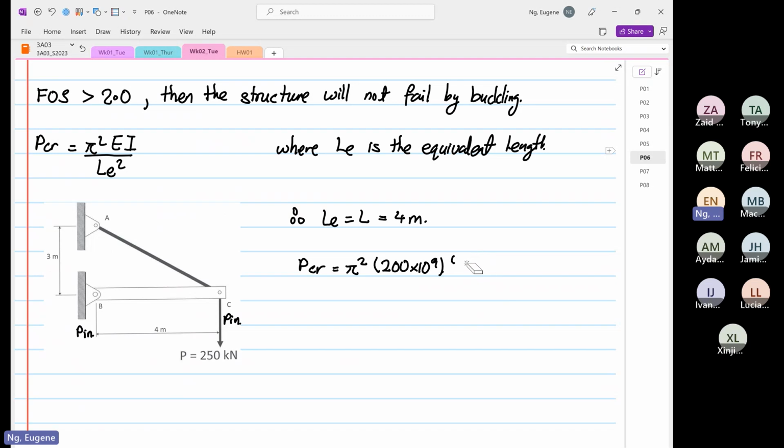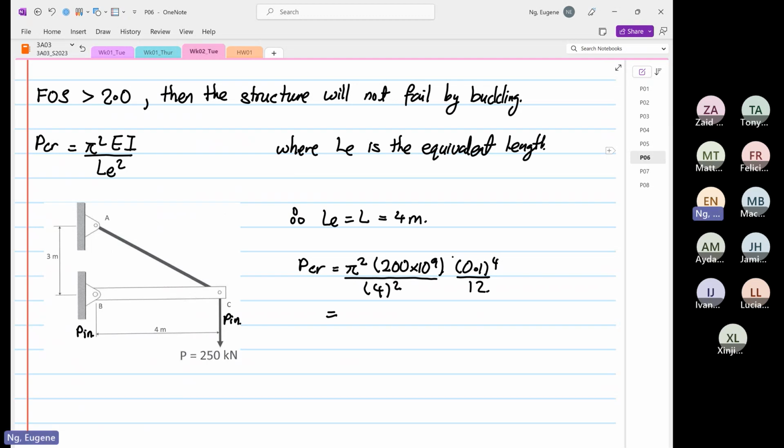So this is pi squared E I, and the length is 4 squared.